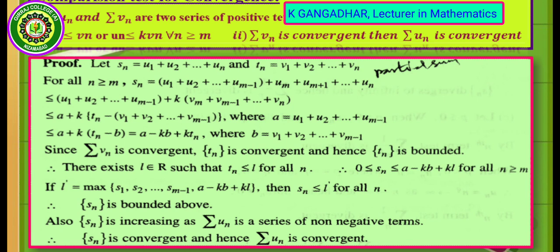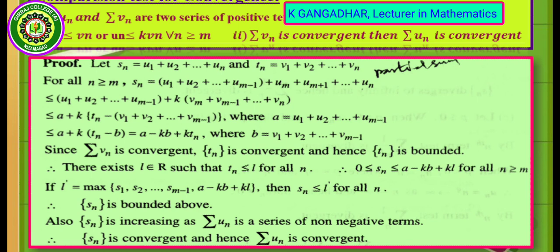Here we call u1 plus u2 plus so on plus um minus 1 as a, and v1 plus v2 plus so on plus vm minus 1 as b. The remaining values are Tn minus b.